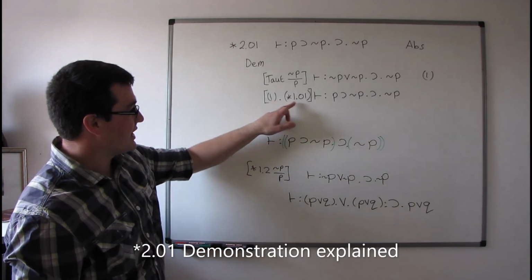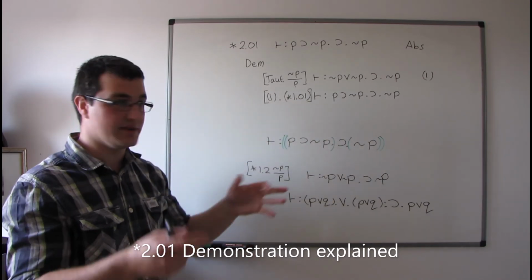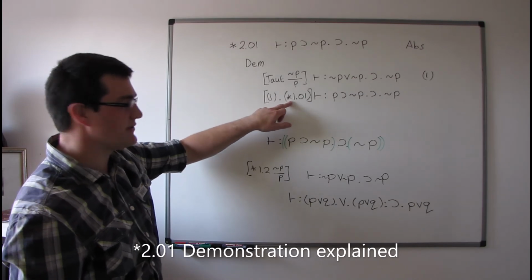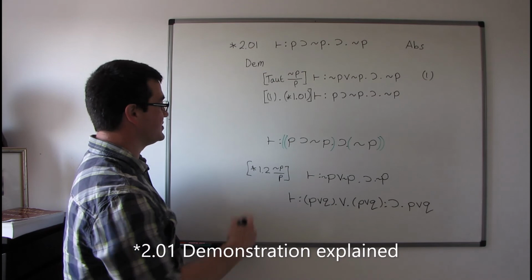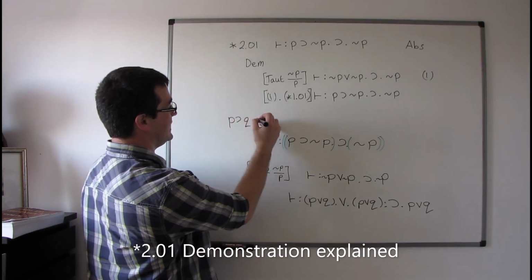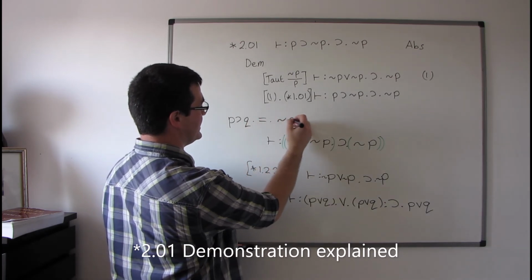So the brackets around star 1.01 indicate that this is a definition that's being used here. And what is this a definition of? It's the definition of implication. The definition of implication is that P implies Q is defined to be not P or Q.